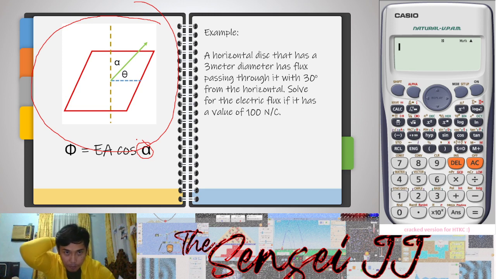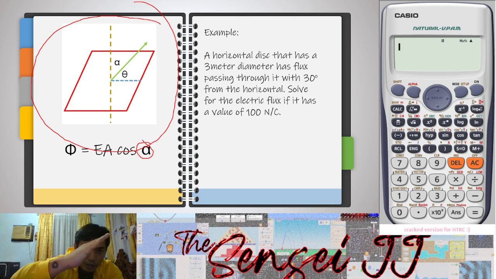So now as you can see here, our plate is on the horizontal. When we say on the horizontal, it lies flat horizontally. And we have here our perpendicular line, the yellow line, and our electrical field line passes through in a slanted manner.